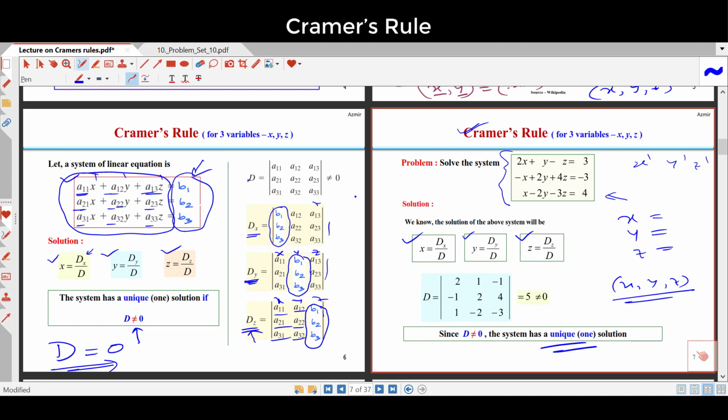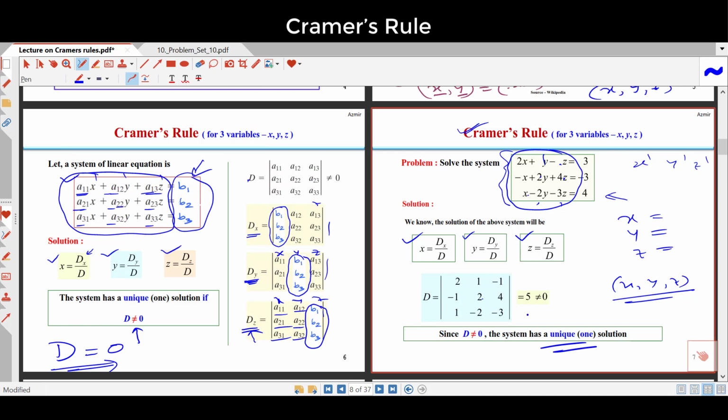D is the left side coefficient matrix, that is 2, minus 1, 1; 1, 2, minus 2; minus 1, 4, minus 3. Just the left side entries are in this determinant. Now you know how to find the determinant of this 3 by 3 matrix.